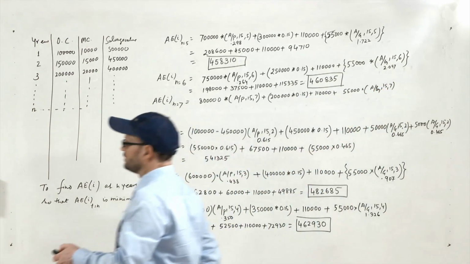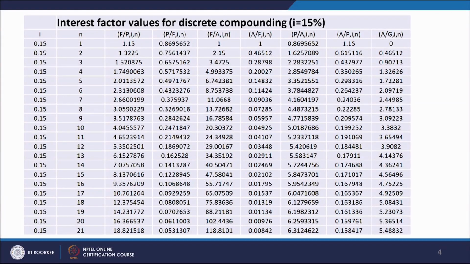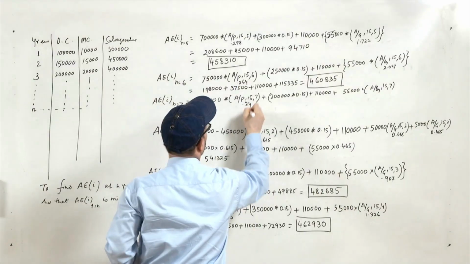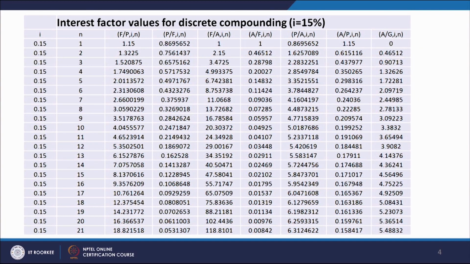A by P 15.7 is coming out to be 0.24 and A by G 15.7 is 2.45.